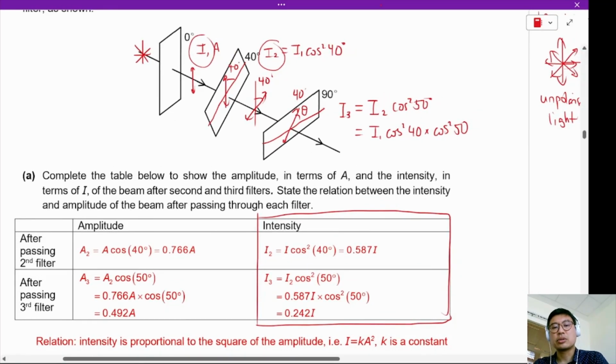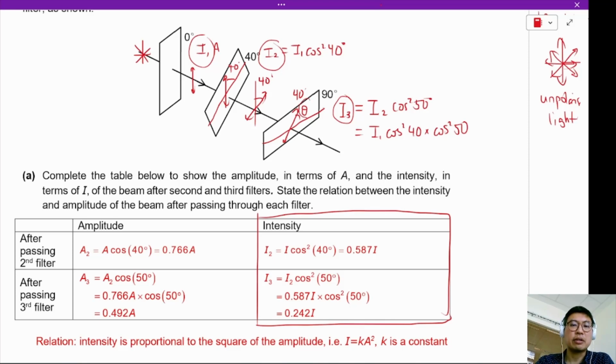Now it passes through the next polarizer, and the intensity is I3. I3 equals I2 times cosine squared of 50. Why 50? Because the light comes out at 40 and the polarizer is at 90, so the angle difference between them is 50 degrees. That will be 0.587 times cosine squared 50, which is 0.242I. So these two are done.